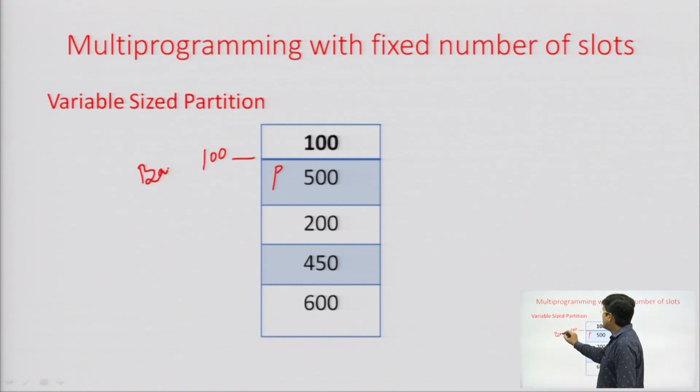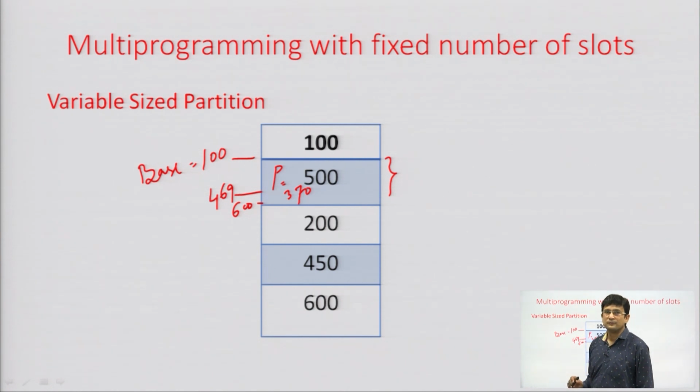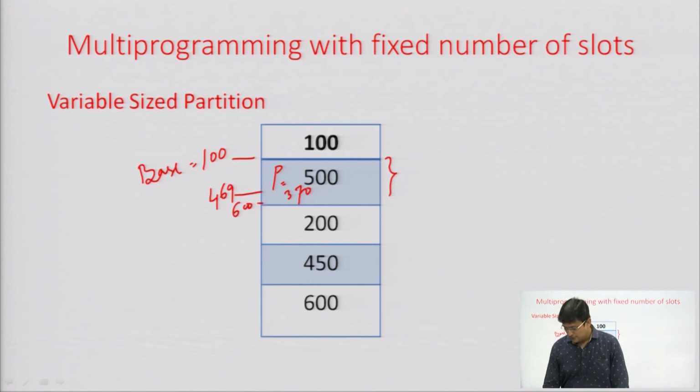So, the base register should contain the address 100. Let us say the size of the P process is 370. So, the address where the P process will end will be 469. From 470 to 600, because the partition is of size 500, there will be no instruction. So, my limit is up to 469 only.